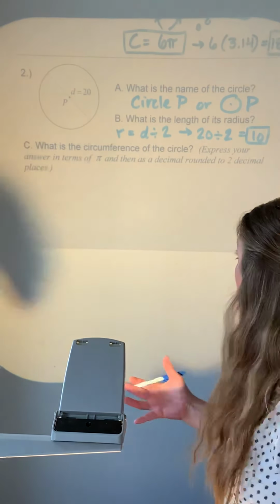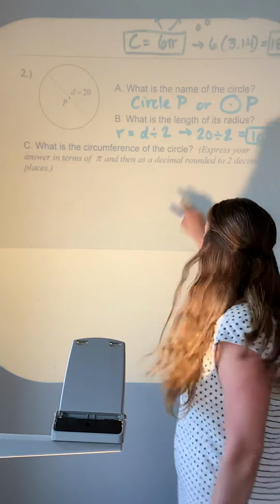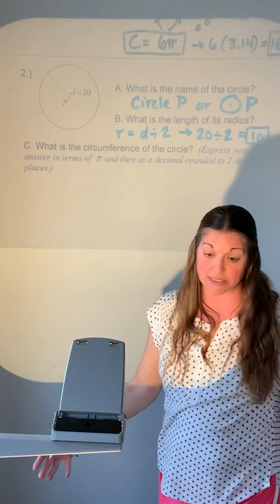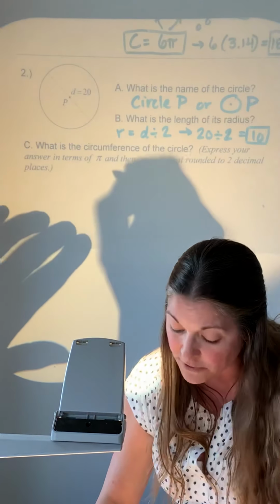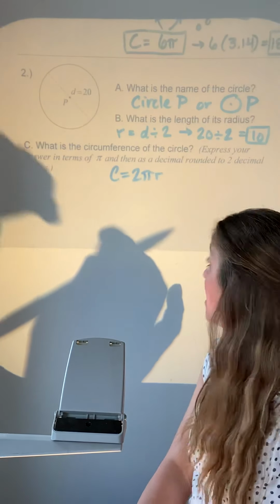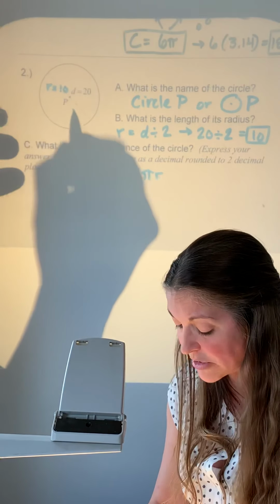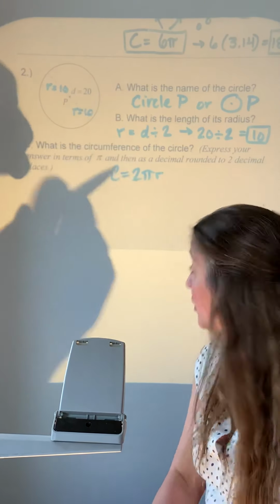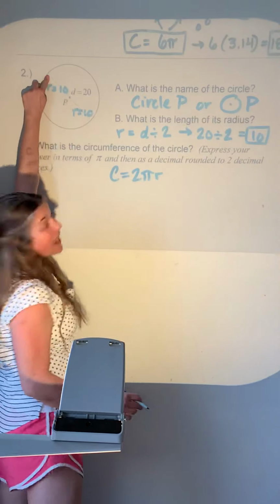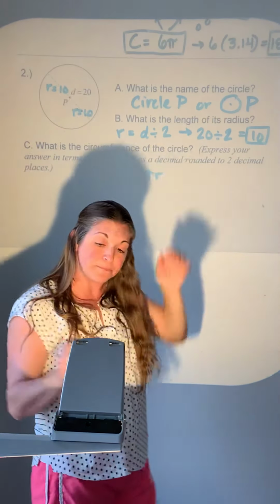Now, in particular, knowing that the follow-up question was to find the circumference, yeah, we would have had to do this question regardless. Because again, the circumference formula is 2 pi r. And we're going to take that radius we just found, which was 10. So notice, guys, there's a 10 going from this center out and a 10 going from this center out. That's what makes the diameter 20.